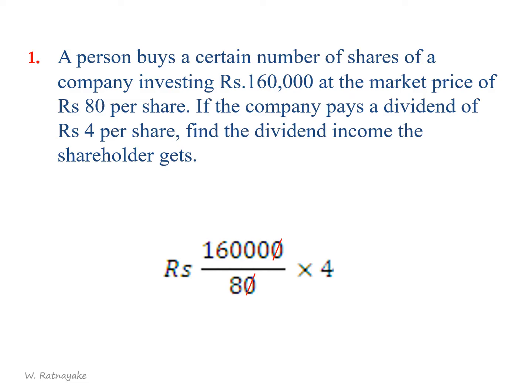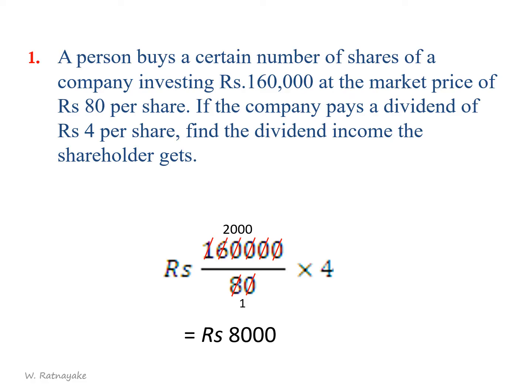After that we can divide 16,000 and 8 by 8. 8 divided by 8 is 1 and 16,000 divided by 8 is 2,000. To get the answer, we multiply that 2,000 by 4, and the result is 8,000. So this is how we simplify the numerical expression.